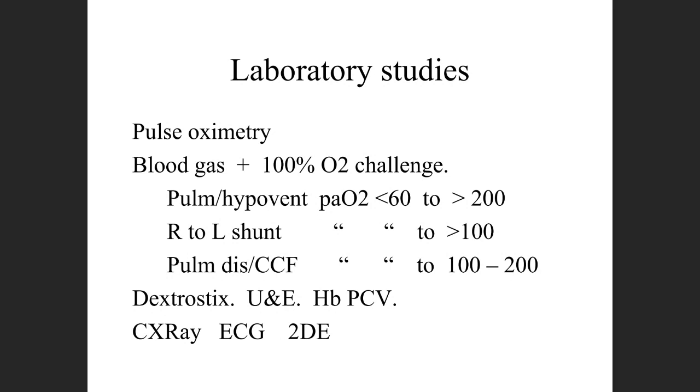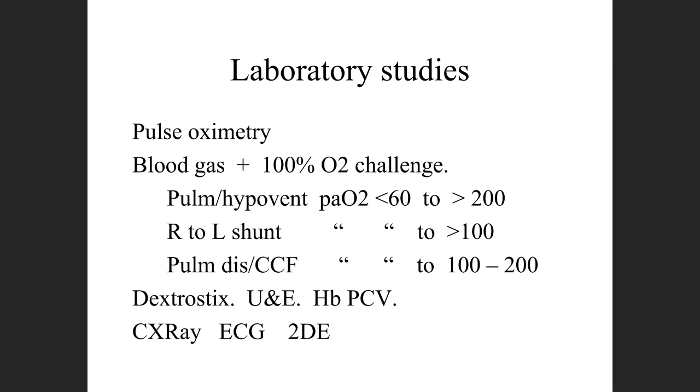And if you give the patient 100% oxygen, when there is a pulmonary cause and there's hypoventilation, for example, if there's a large pleural effusion, then you will notice, in fact, that the PO2 will increase to over 200.